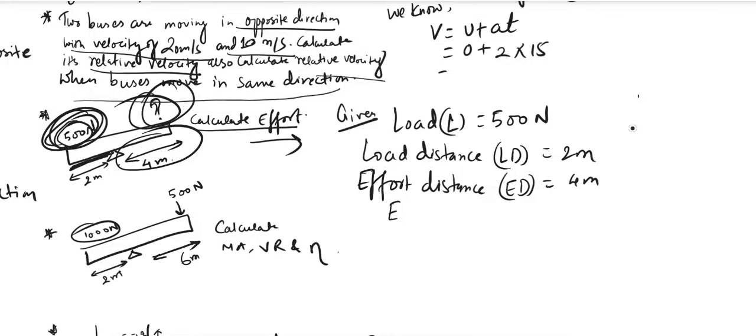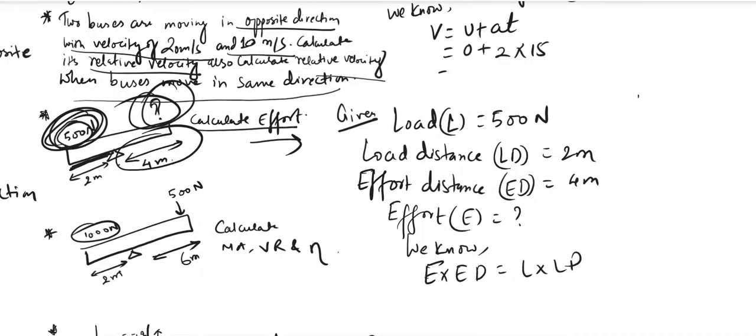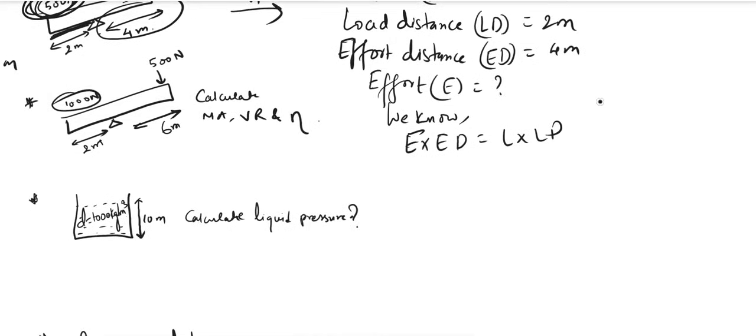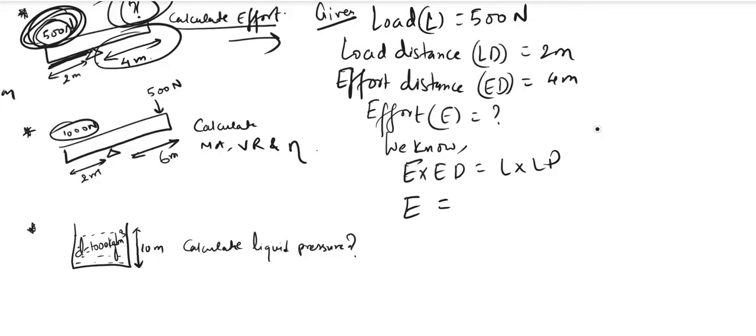Calculate effort means effort is asking. Effort E is equal to what? We know the principle of lever. What is the principle of lever? Effort into effort distance is equal to load into load distance. So while finding the effort, load is 500 Newton, 500 into load distance 2 meter.